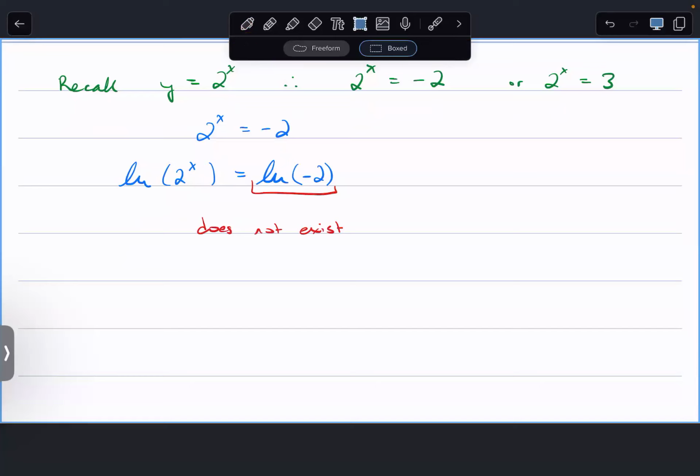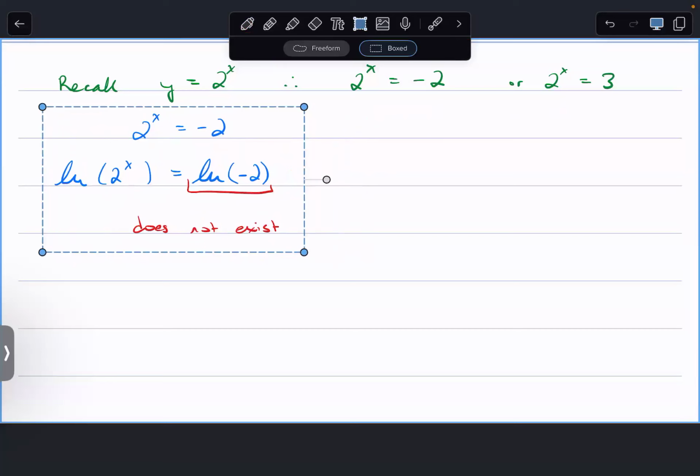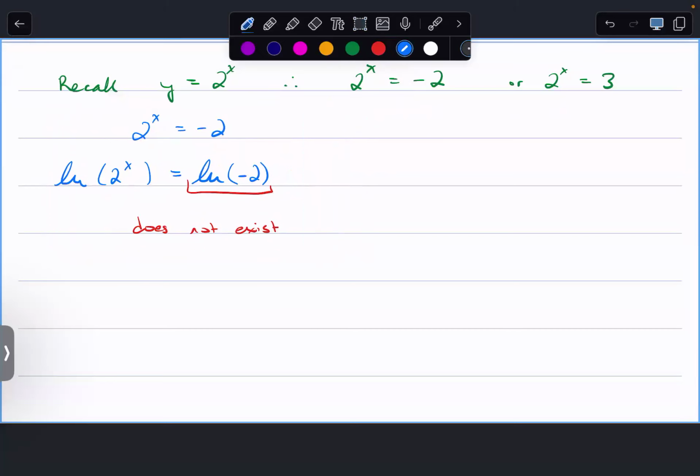What if I move these over a little bit and I try the other one? 2 to the power of x is equal to 3. I'm going to use the natural log again, my go-to log, my favorite log.